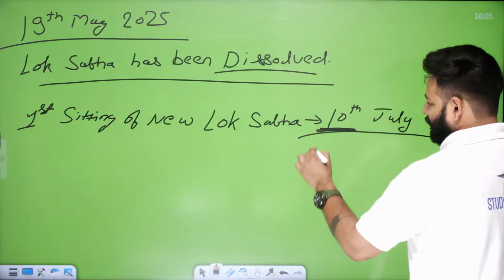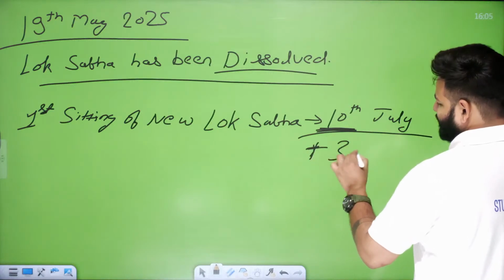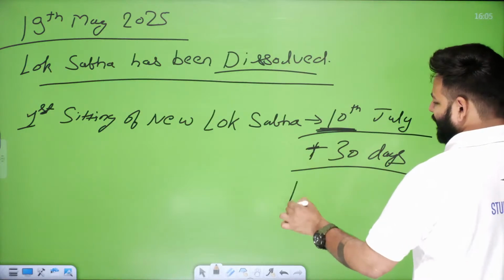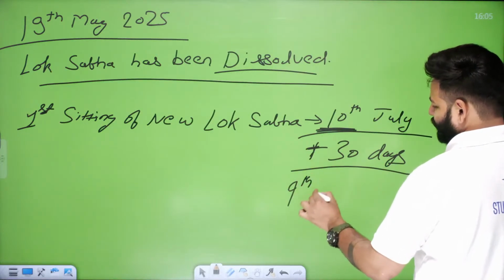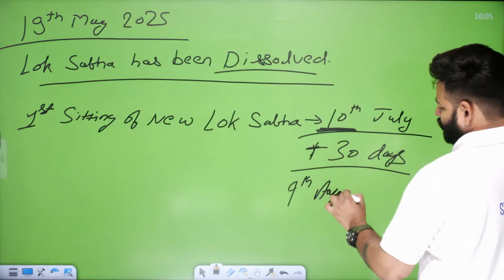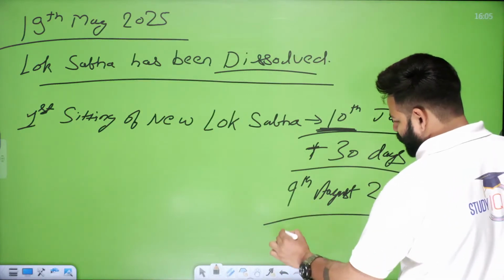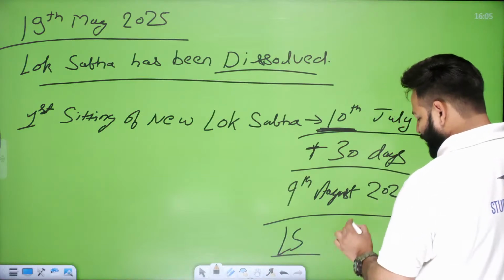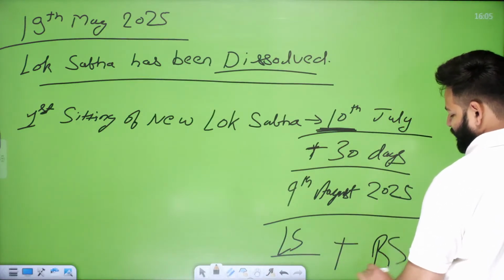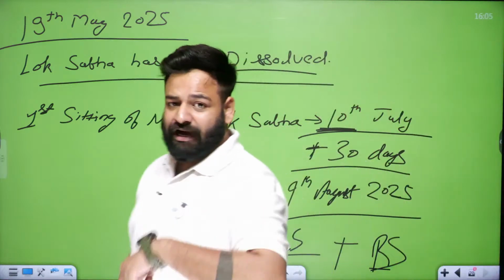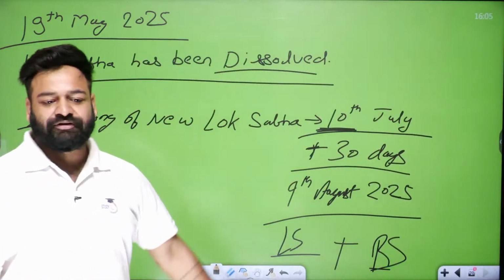So from here, how many days? 30 days more. That means by maximum 9th August 2025, the emergency provision must be passed by Lok Sabha. In that meantime, Rajya Sabha has already passed it or not. Okay. So this is how the proclamation of emergency takes place.